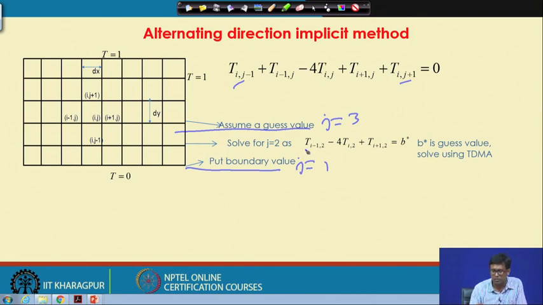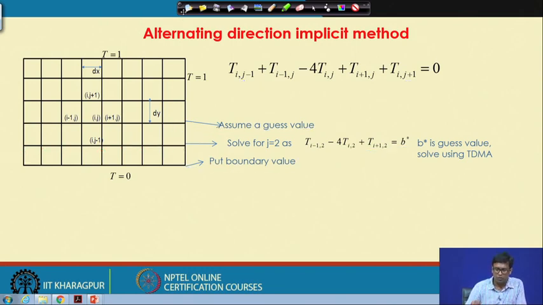The unknowns remain only in a tridiagonal form. Here we are solving in this particular row, and all the points in the j is equal to 2 row can be solved using a TDMA algorithm.